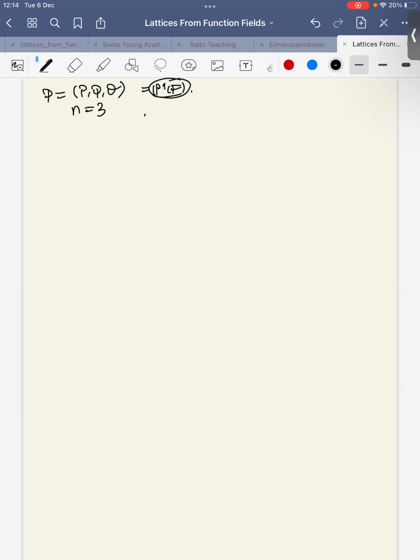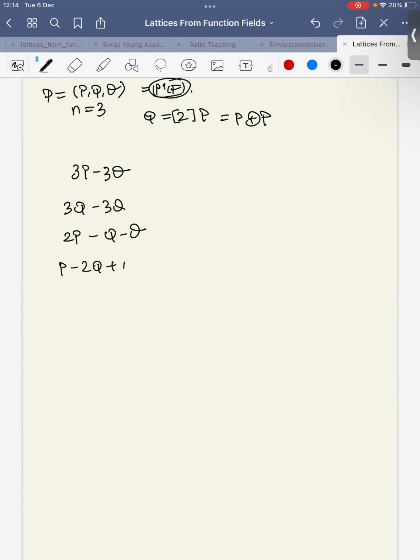So Q is of the form P + P. And the following vectors, like 3P - 3O, 3Q - 3O, 2P - Q - O, P - 2Q + O, these are the vectors inside of our elliptic function field.